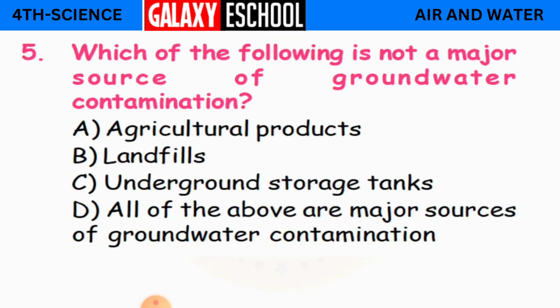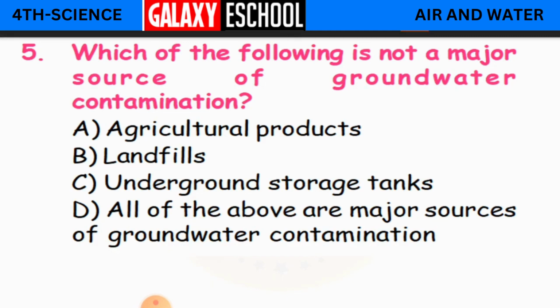Fifth question, which of the following is not a major source of groundwater contamination? Again I'll read it for you children. Which of the following is not a major source of groundwater contamination? What did we call contamination as? Pollution.